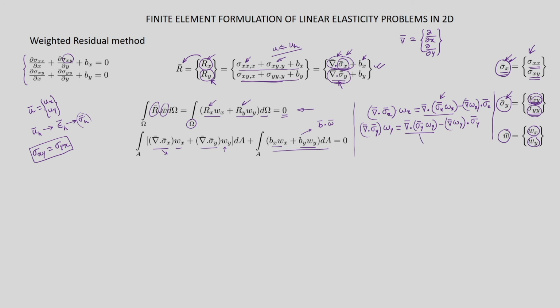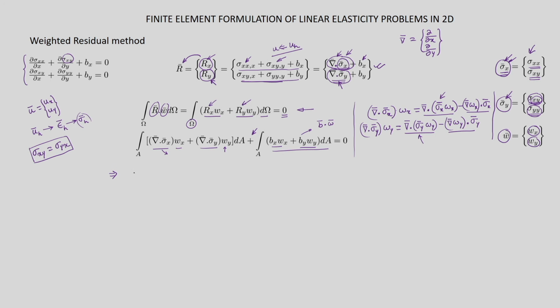Okay, this is a divergence of a vector field sigma y bar into wy. So these two terms, if I take them to one side, this will come as negative here, so we will take them to one side, and the other two terms will be in the right hand side.